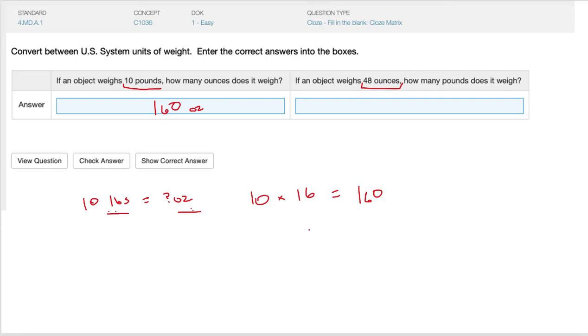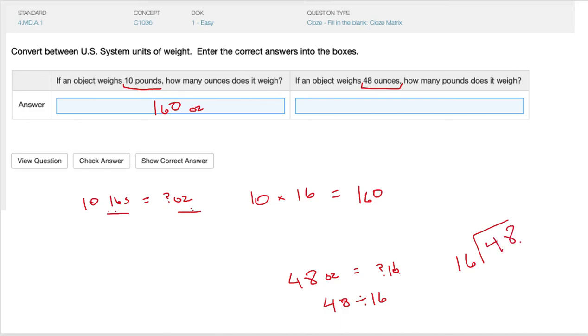So for this one, we're going from 48 ounces equals how many pounds? That means we're going from a smaller one, ounces, to a bigger one. So we're going to divide. It's still ounces and pounds, so we're still dividing by 16. So it's 48 divided by 16. So what is 16 into 48?